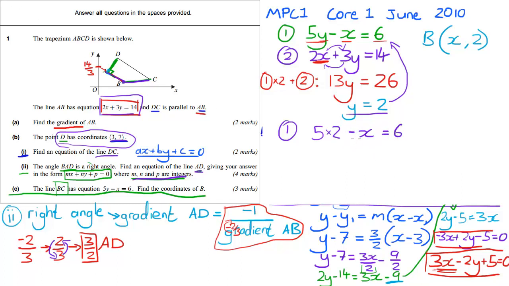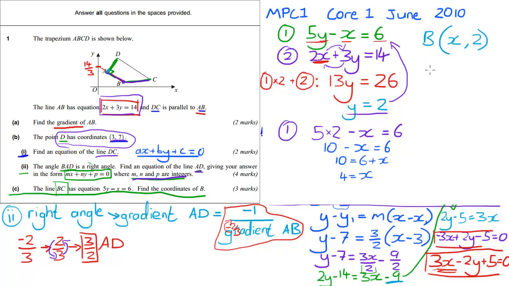So then we play around with it until we've got x is equal. So we have 10 minus x is equal to 6, and then add x to both sides, so 10 is equal to 6 plus x, and then take 6 from both sides, so 4 is equal to x.